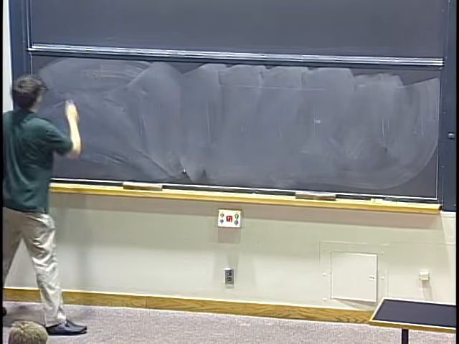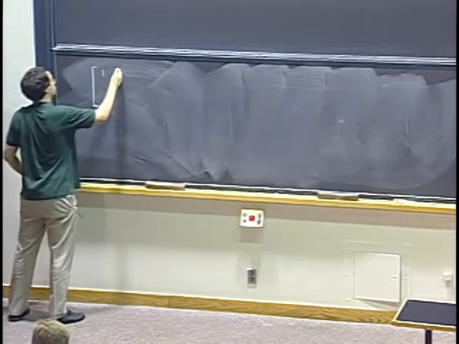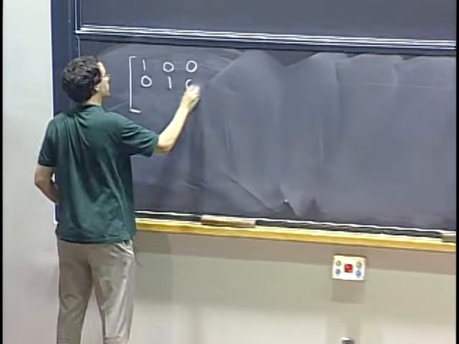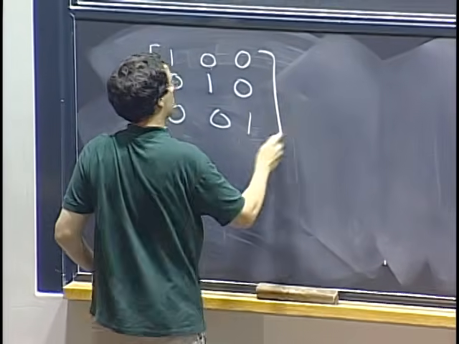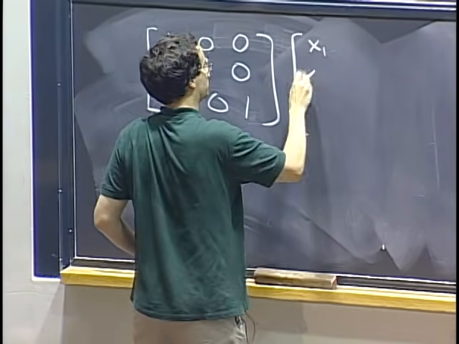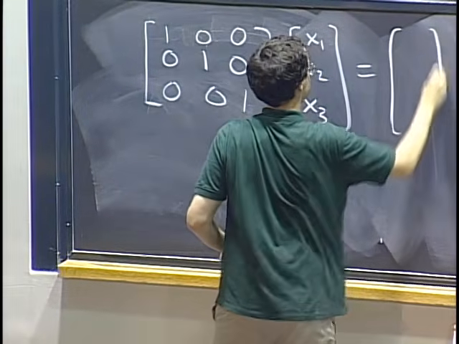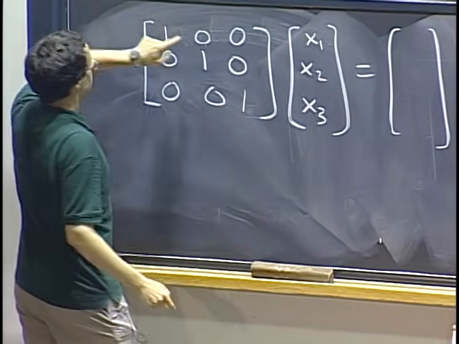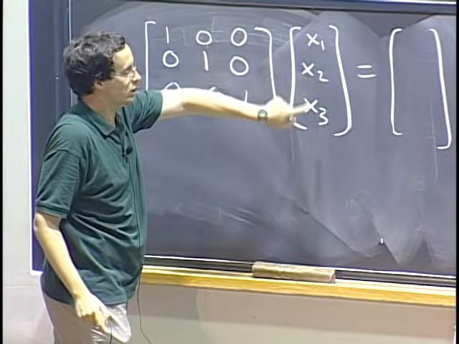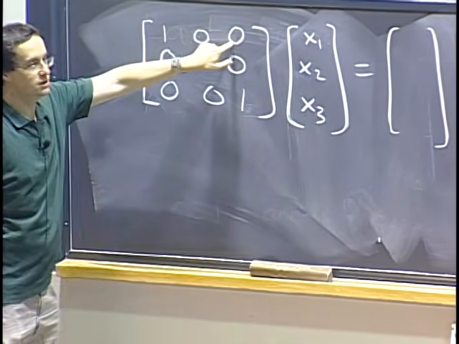Okay, so let's say I multiply the matrix I with a vector x1, x2, x3. Well, what will be the first entry? It will be the dot product between 1, 0, 0 and x1, x2, x3. If you want, this vector is i hat.